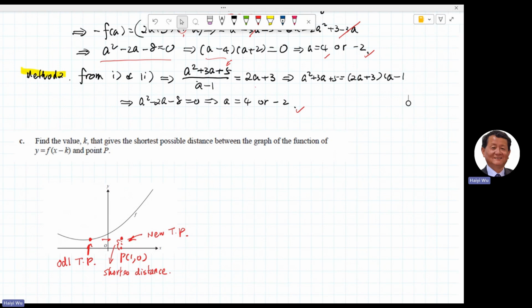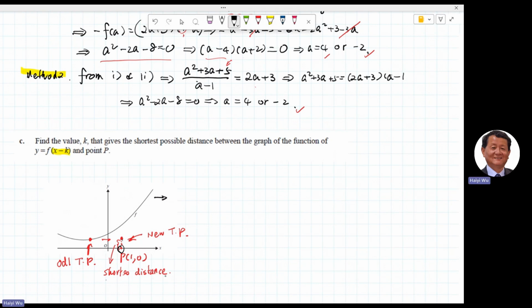So what is the shortest distance? We replace x with x minus k. We don't know what the k value is. So we need to move the function, a translation of the function to the right, close to the point P. P is already given, we know that, (1, 0). We need to find the shortest distance from P to the graph.